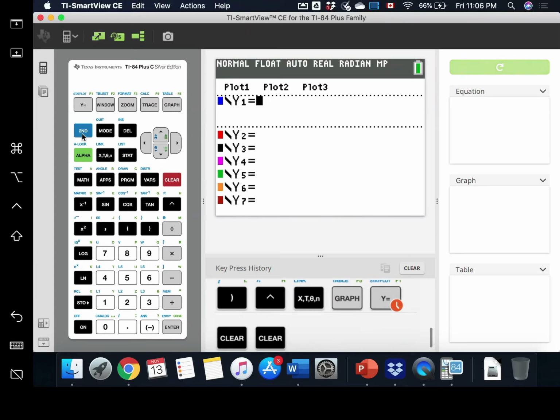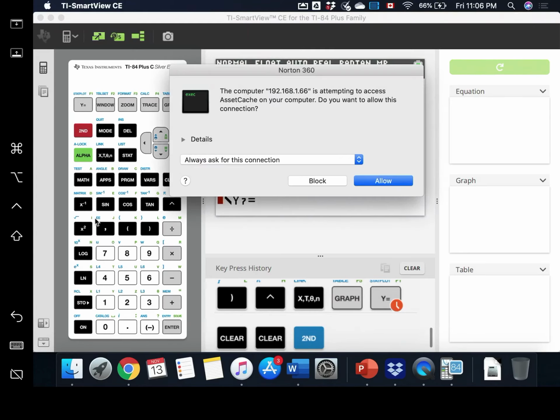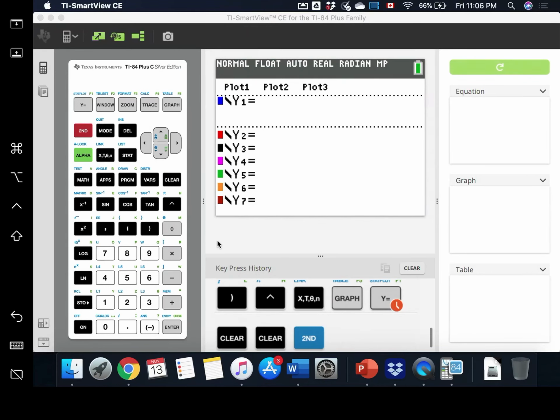So I'm going to press the second button, this blue button here, and then press ln. Then you're going to put your power as x. So e to the power of x.